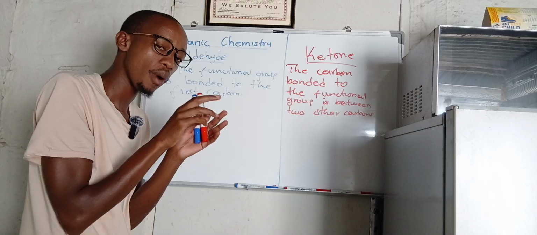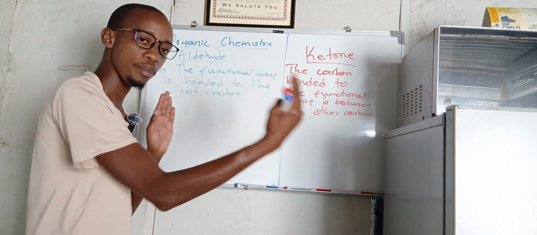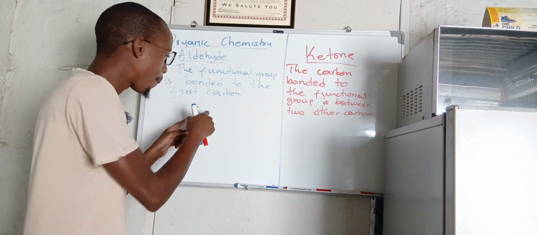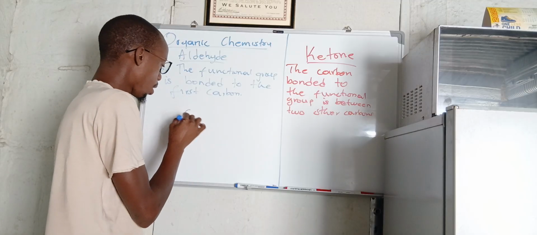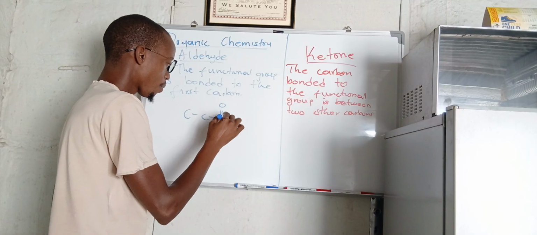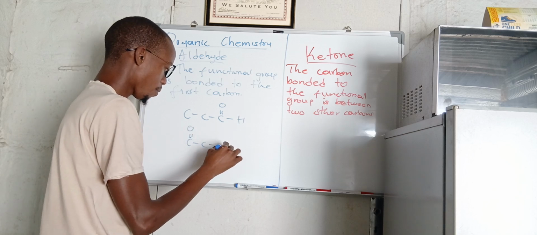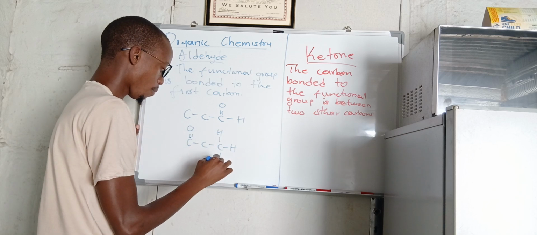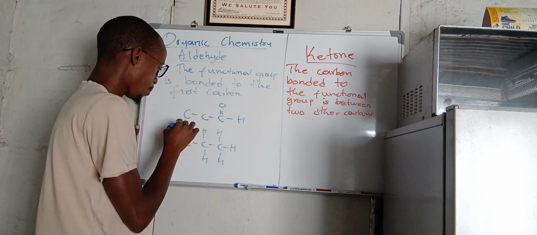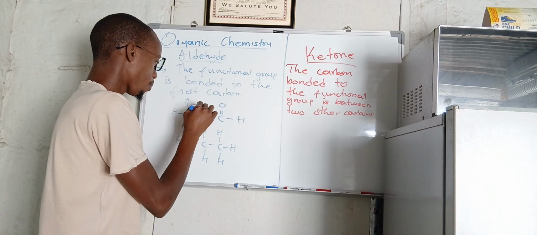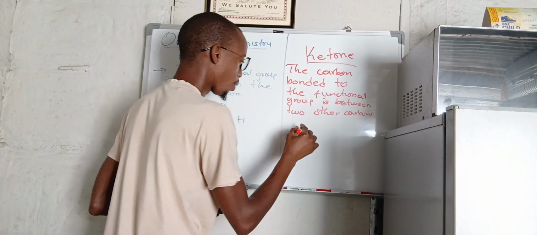The same carbon bond, like C double bond O, in this particular part, it is placed in between two other carbons. But here, it is on the first carbon. Let me show you the difference. Here's the structure. Now, here's the structure.